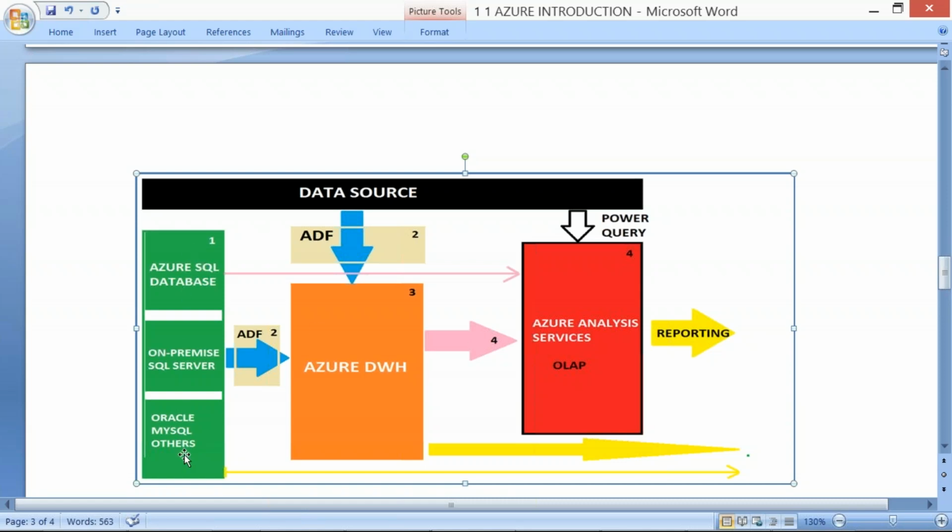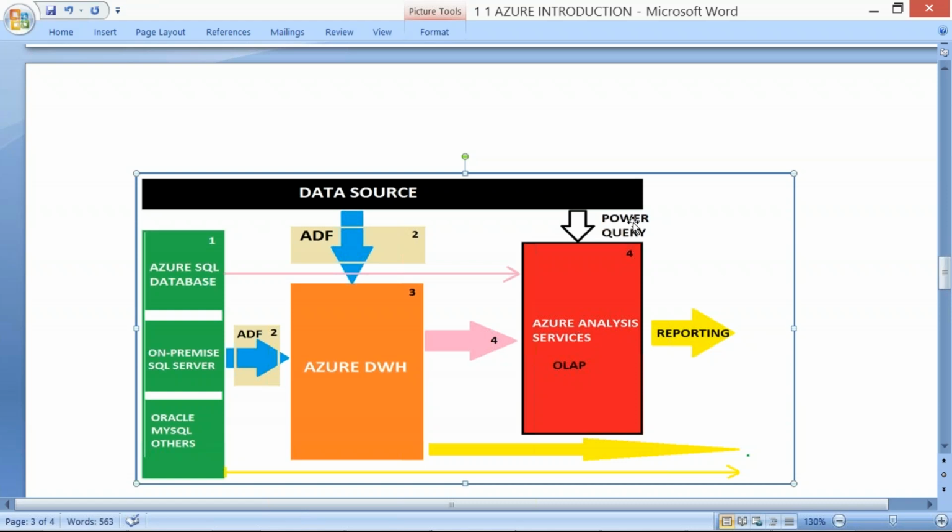OLTP would be in a few gigs, warehouse would be in GB to TB, whereas analysis services databases are always in terabytes. It's all about the volume of data that we are talking about.